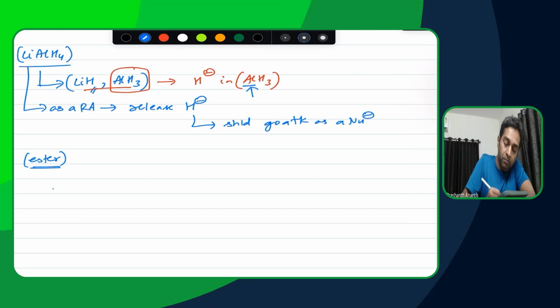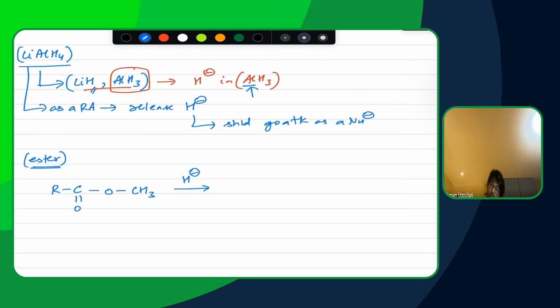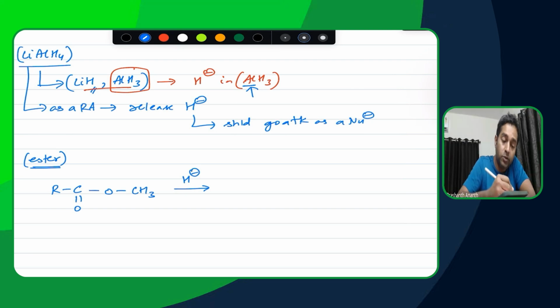Think. So let's say I am having an ester. Let's take a simple methyl ester. If I want to perform a reduction of this with H minus, what happens is the first H minus will come and attack this.